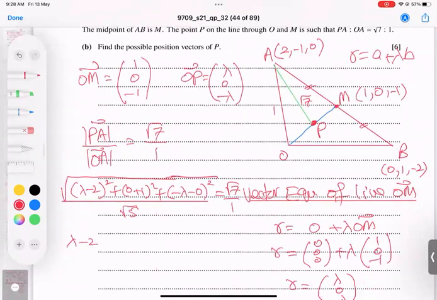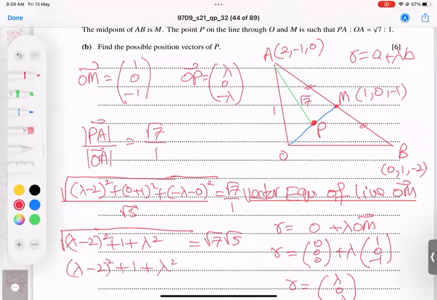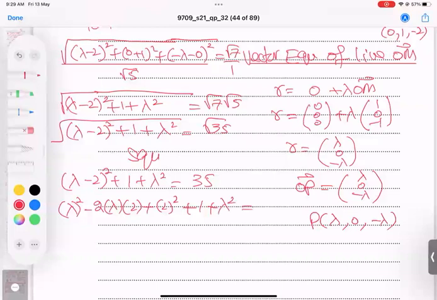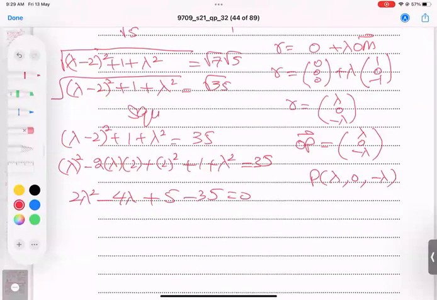Here I'm getting root of (lambda minus 2) whole square plus 1 plus lambda to the power 2 equals √7 times √5, which is root 35. Squaring both sides, I get (lambda minus 2) whole square plus 1 plus lambda square equals 35. Expanding the bracket: first term square, minus twice first term into second term, plus second term square, plus 1 plus lambda square equals 35. This gives 2 lambda square minus 4 lambda minus 30 equals 0.